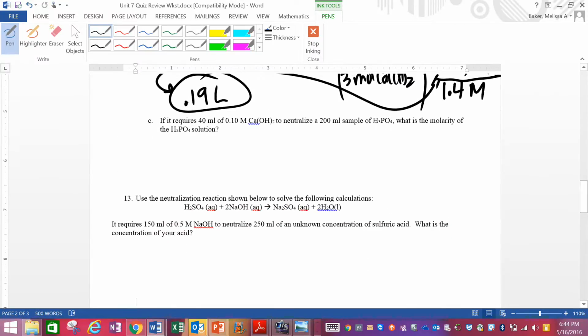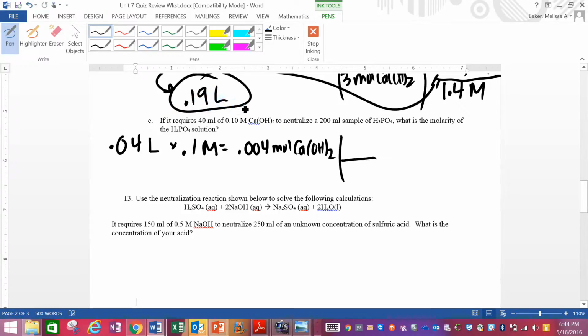Similarly, but asking a different question at the end, what if you've got 0.04 liters of a 0.1 molar solution of calcium hydroxide? That comes out to be 0.004 moles of calcium hydroxide. For every 3 moles of calcium hydroxide, you need 2 moles of H3PO4 to cancel it out.